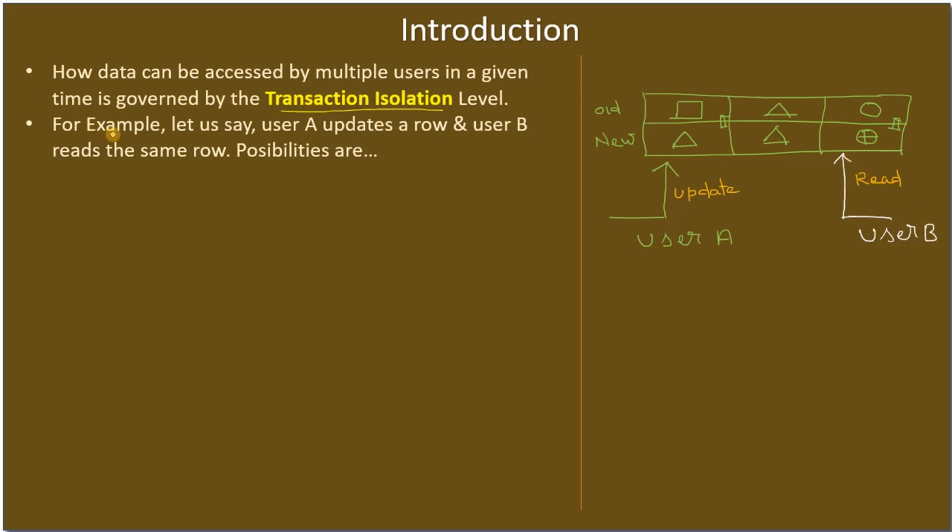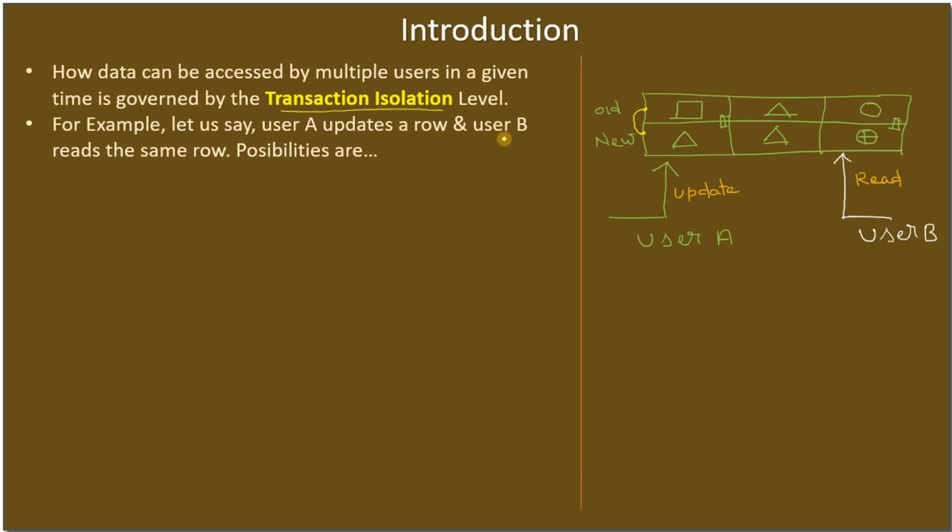So now let us look at this statement again. For example, let us say user A updates a row and user B reads the same row. Same row, but this row is undergoing a transformation. That means it gets updated, so it will have two states, old and new. In the old there will be the old value, and after the update the value got changed.